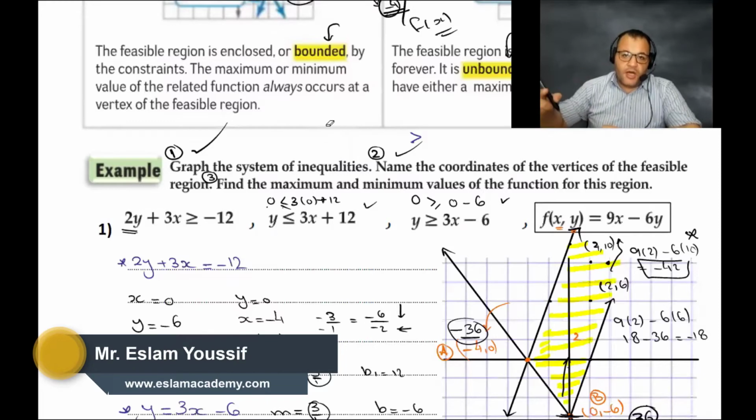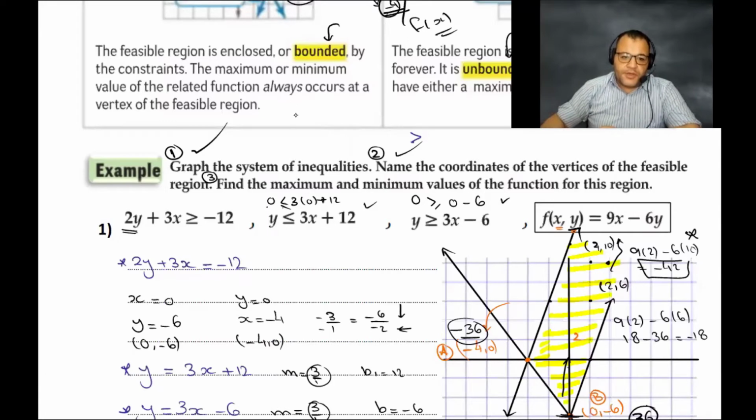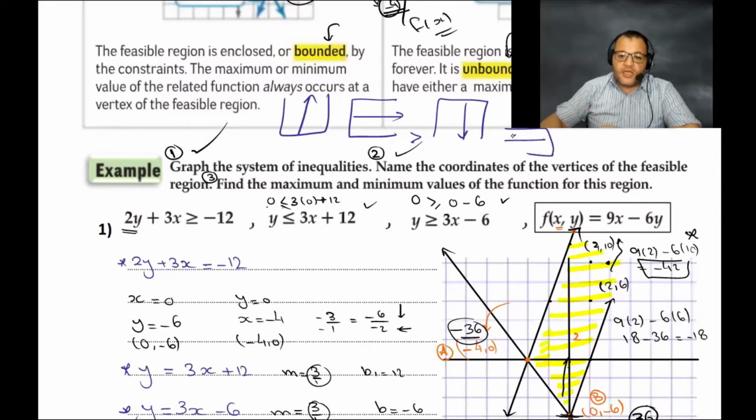The graph is unbounded, which means it's open from one of the sides. If it's open up, start from down and go up. Open to the right, start from left and go to the right. Open down, start from up and go down. If the graph is open to the left, start from the right, then go to the left. Just take the point from the right, then when you go to the left, what will happen to the answer? That's the meaning of unbounded.